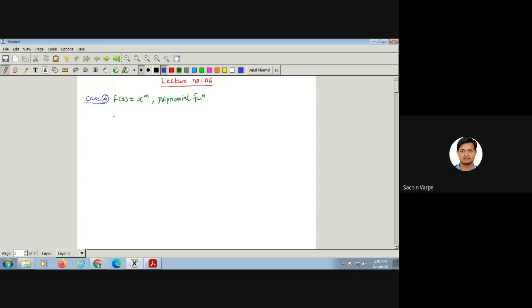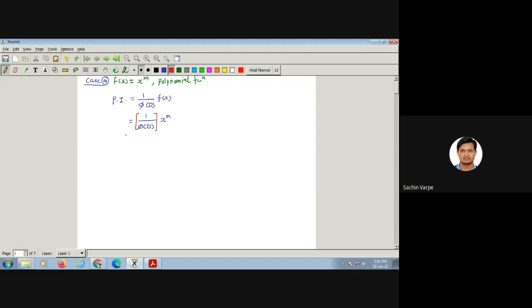We have the formula PI equals 1 upon phi of D, f of x. So here f of x is a polynomial function of the form x raised to m. What we are going to do here is expand this 1 upon phi of D with the help of expansion formulas, which are obtained by using Taylor's and Maclaurin series expansions.